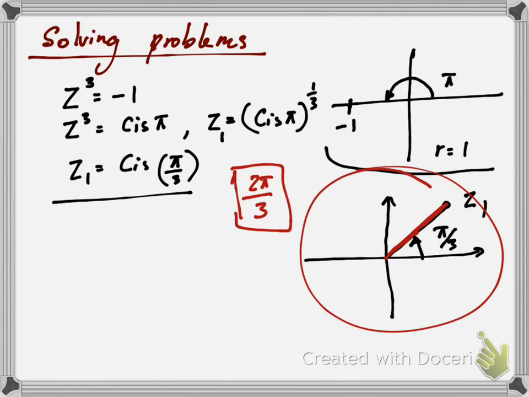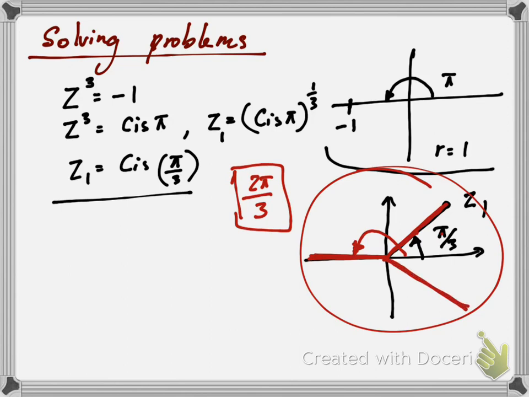So if that is pi over 3, if you add 2 pi over 3 to pi over 3, you end up with pi, and that is your second solution. And the third solution is you add 2 pi over 3 to this, and you end up sort of this way. It comes here.